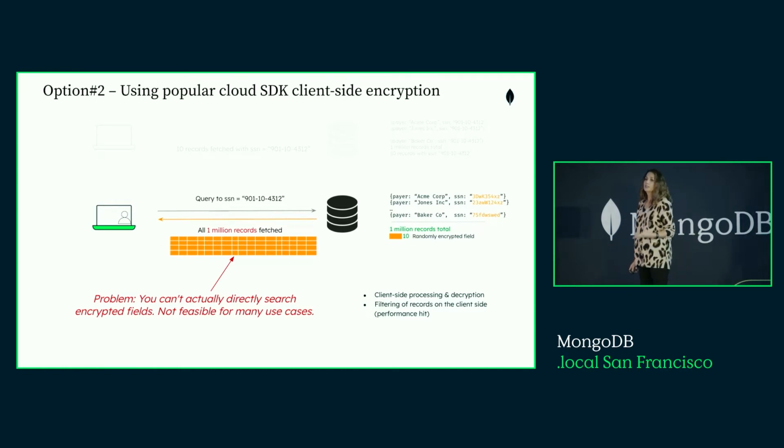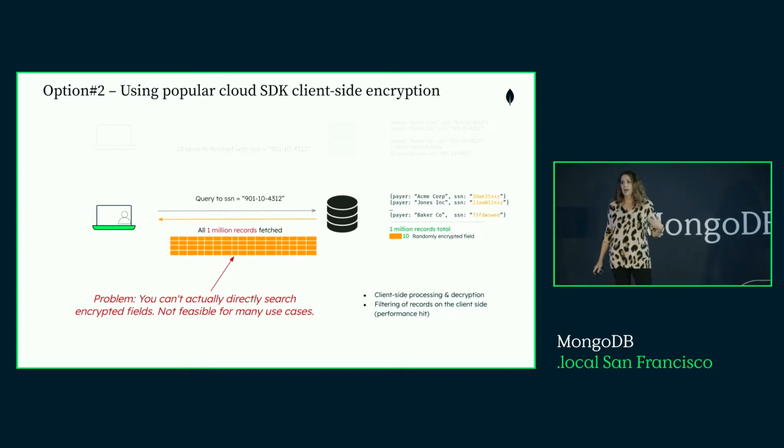So you would actually need to pull all 1 million records back into the application and parse through those to find those 10 records. Now, it's doable. It's not practical, mostly because of the kind of performance hits that you'd take by pulling all that data back and doing the filtering on the client side.